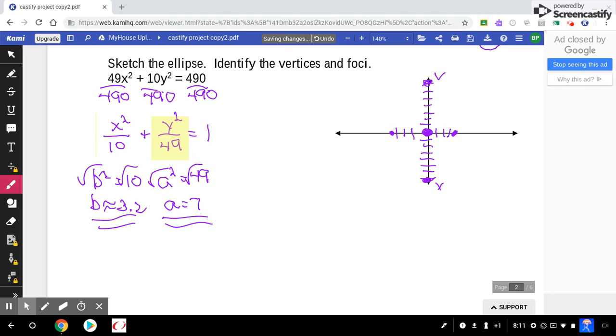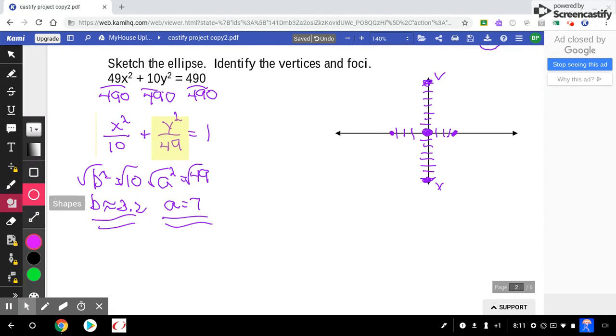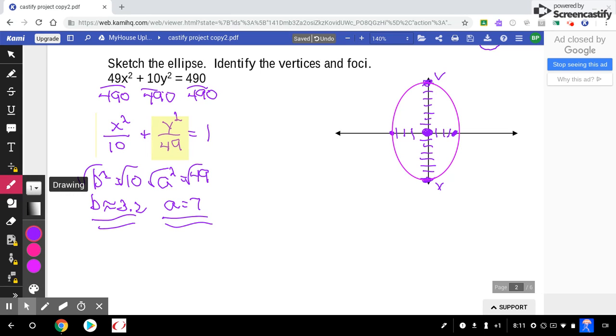So let's see if I can actually draw a halfway decent ellipse for you. Yeah, I missed by a little bit, but not too bad. All right, well, what else do we need to know? So identify the vertices and the foci.